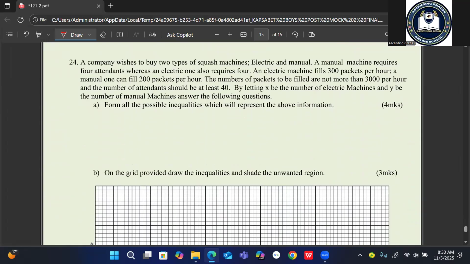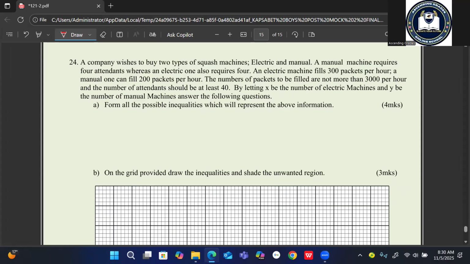24. A company wishes to buy two types of wash machines, electric and manual. A manual machine requires 4 attendants, whereas an electric one also requires 4. An electric machine fills 300 packets per hour. A manual one can fill 200 packets per hour.